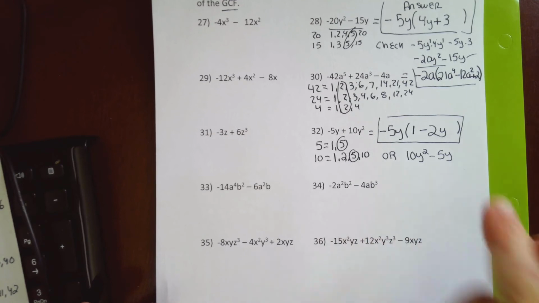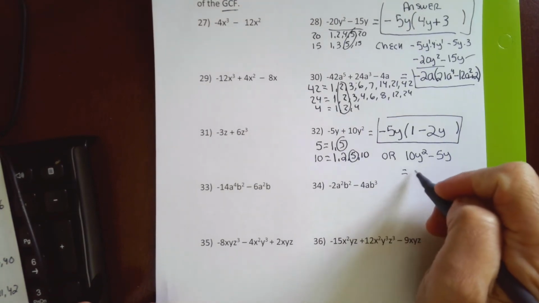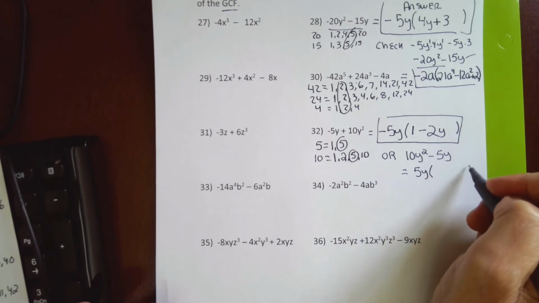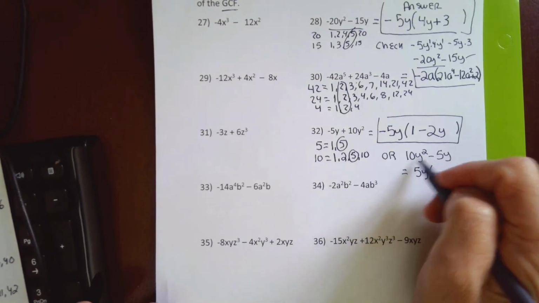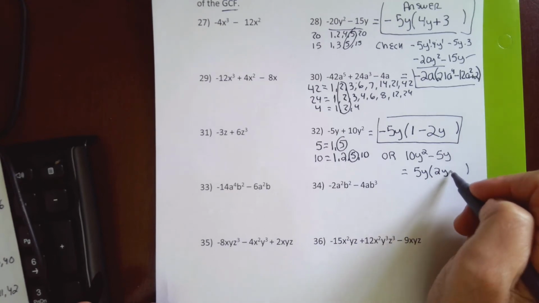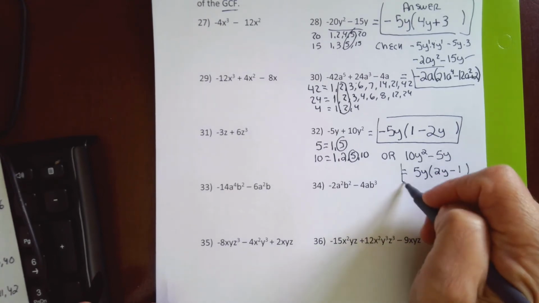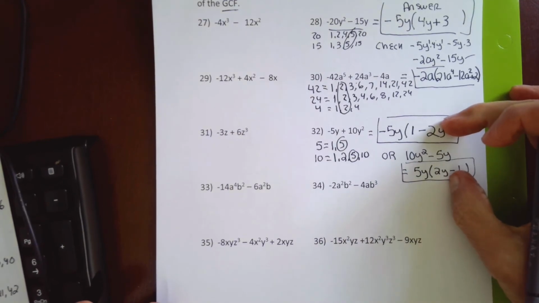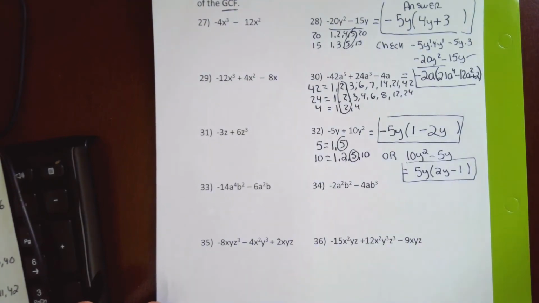If I rewrote the problem like this, the common factor would be the positive 5y without the negative. And then I would divide the numbers by 5 and take a y away. This is equivalently a good answer. They don't look a lot like each other, but if you multiplied out both of these, you'd get both a 10y squared and a minus 5y. They're both equivalently right.